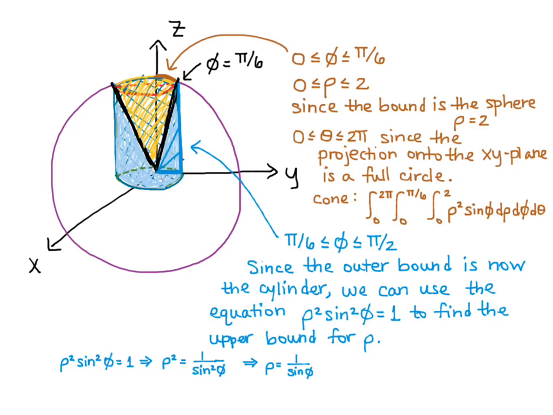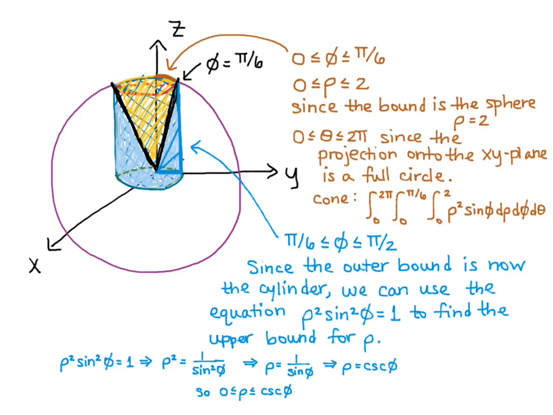I know rho is positive, so I don't have to worry about plus or minus the square root. Just take the positive square root. So rho equals 1 over sine phi. So rho equals cosecant of phi. So our bounds for rho become 0 is less than or equal to rho, less than or equal to cosecant phi.